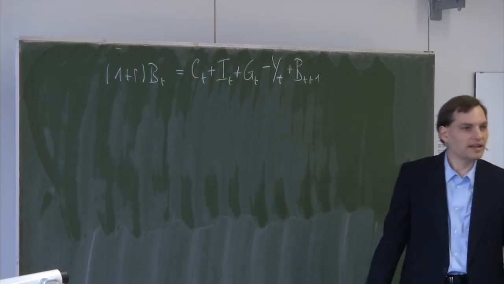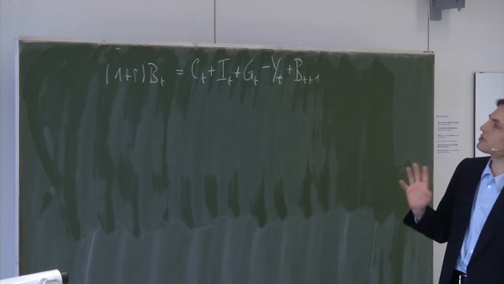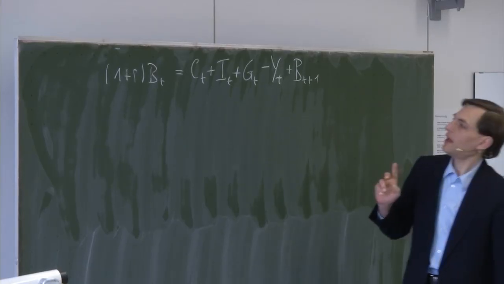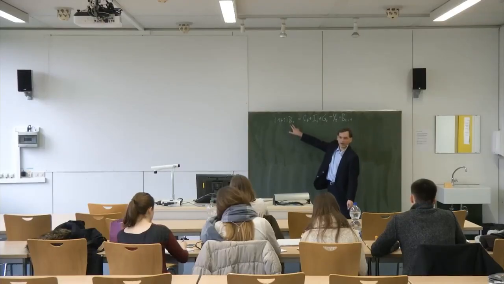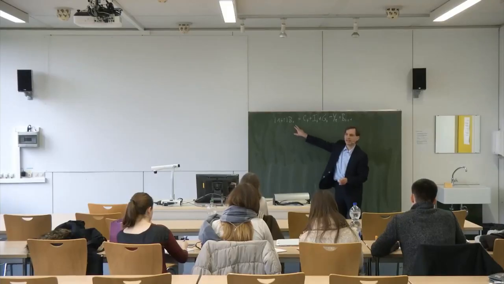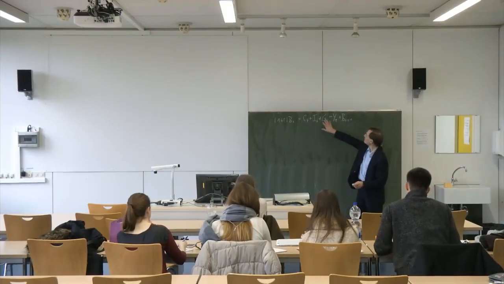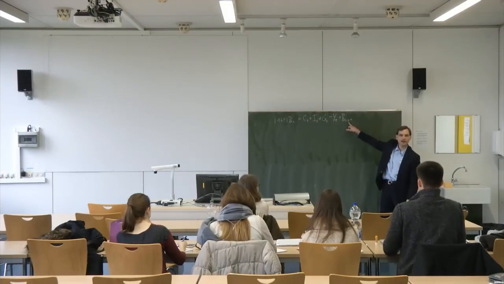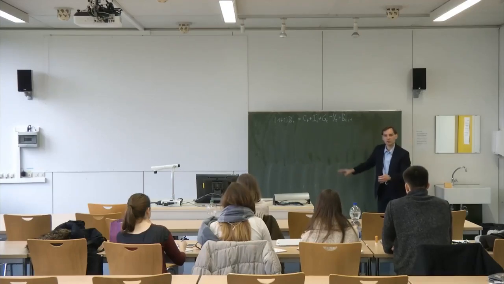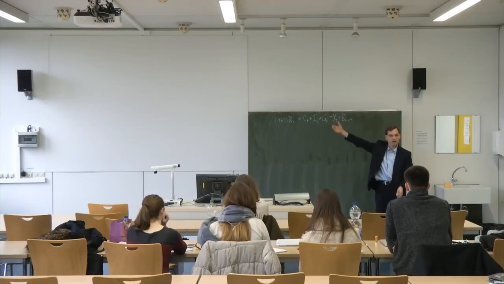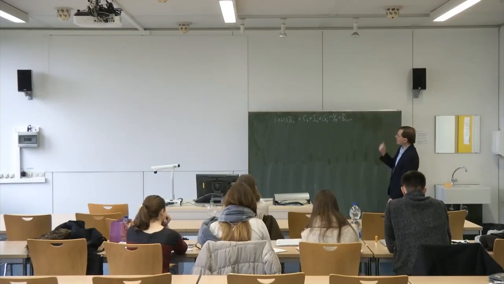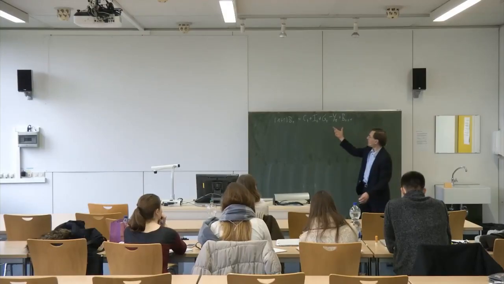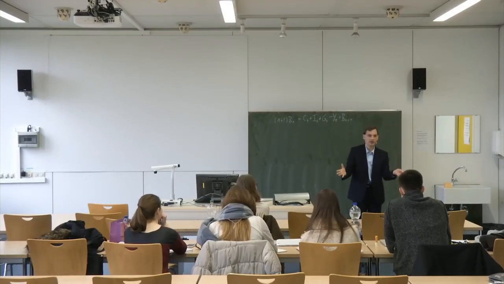And this constraint is a little bit strange. Why? Well, it's strange because all the variables except one are in the same time period, right? This is period T, T, T, T, T plus 1. So there is one time period going into the future ahead. And the question is now, I want to find a constraint that is true for all periods.